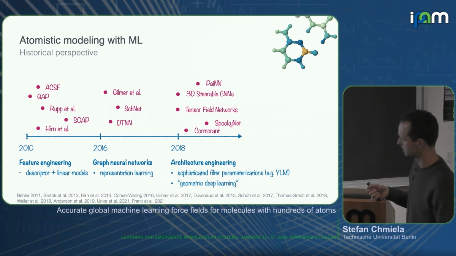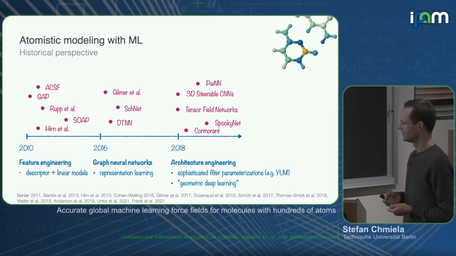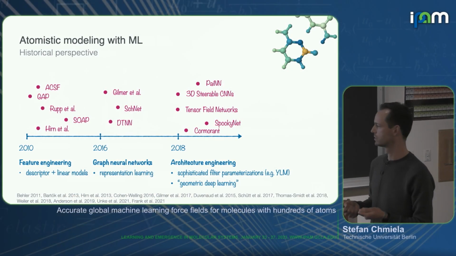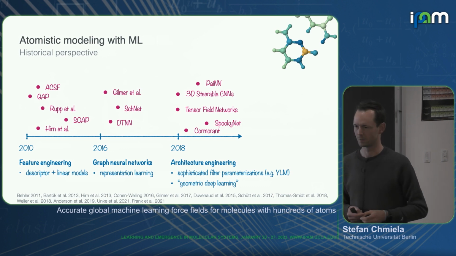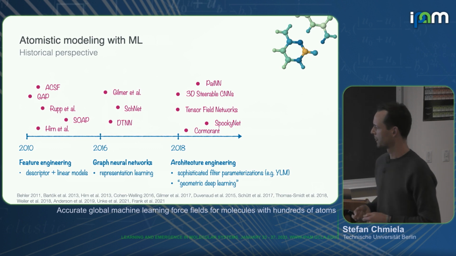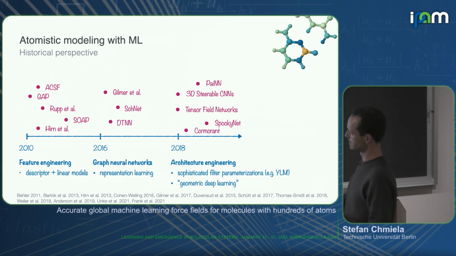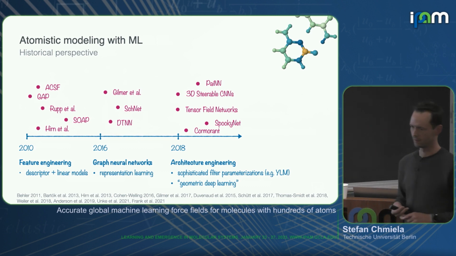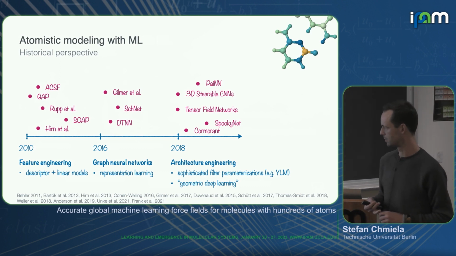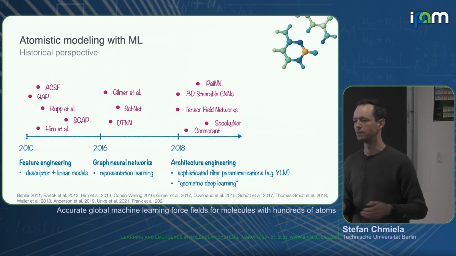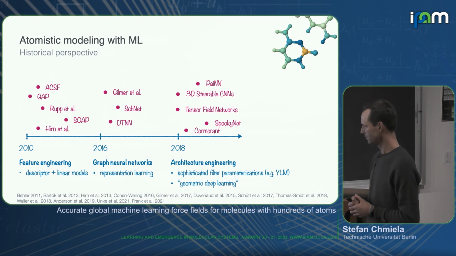Some examples are the incorporation of directional features using sophisticated parameterizations for those convolution filters, using circular harmonics, for example, or this whole field of geometric deep learning that emerged at the same time, where people tried to incorporate certain group invariances into those models.